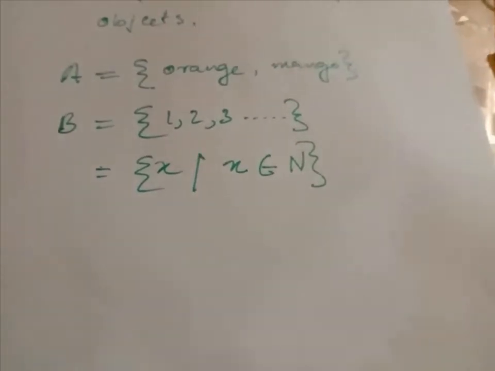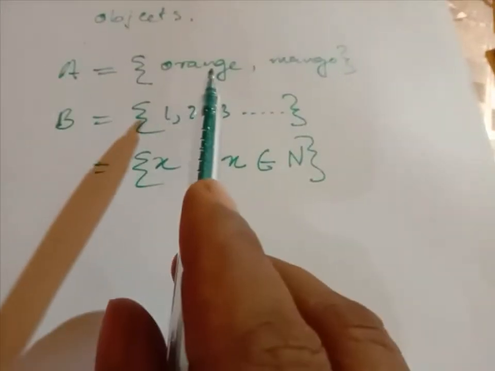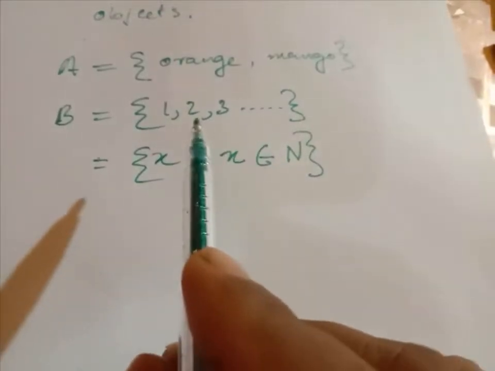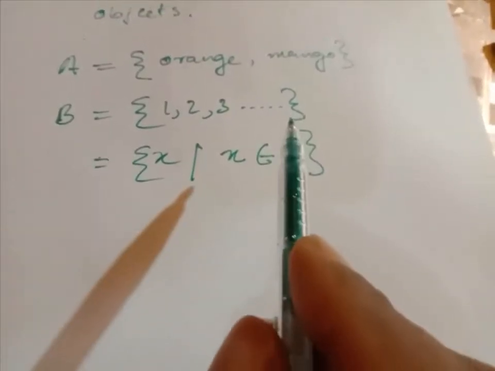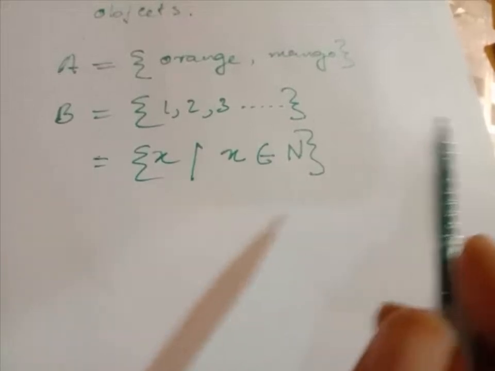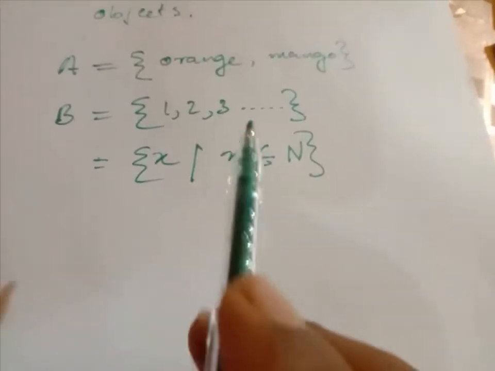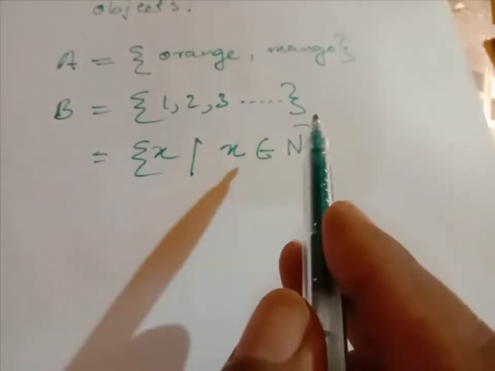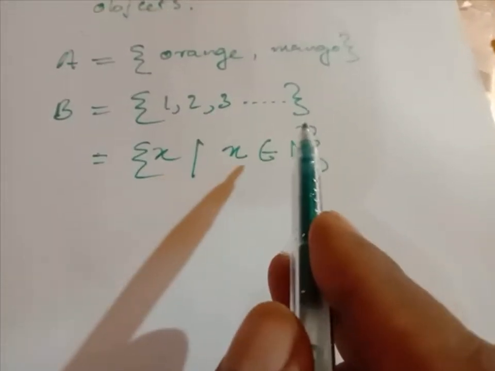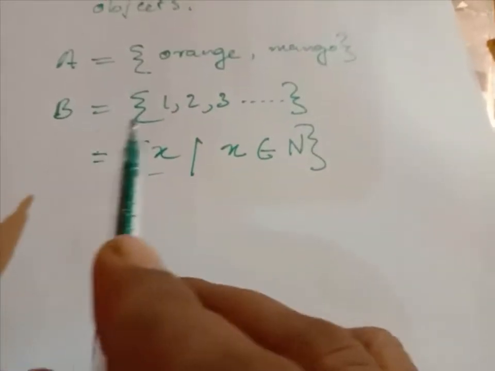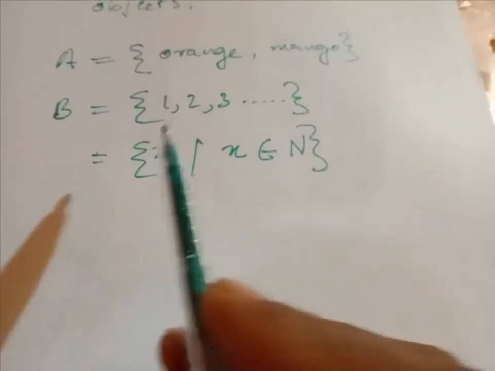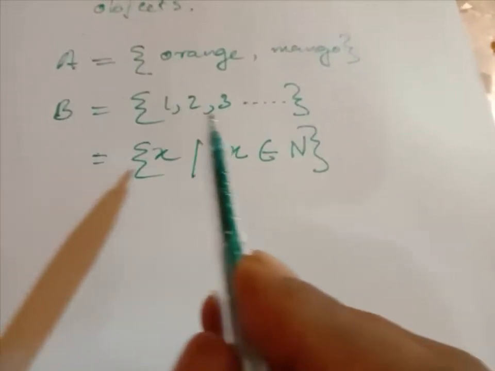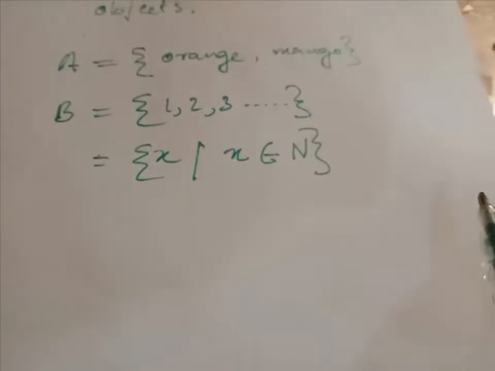So orange is an element of A, mango is an element of A. Similarly, 2 is an element of B, 9 will also be an element of B, 100 will also be an element of B. So these things separated by the commas within the curly brackets are called the elements of the set. So if we are able to define each of the elements, then this group is called a set.